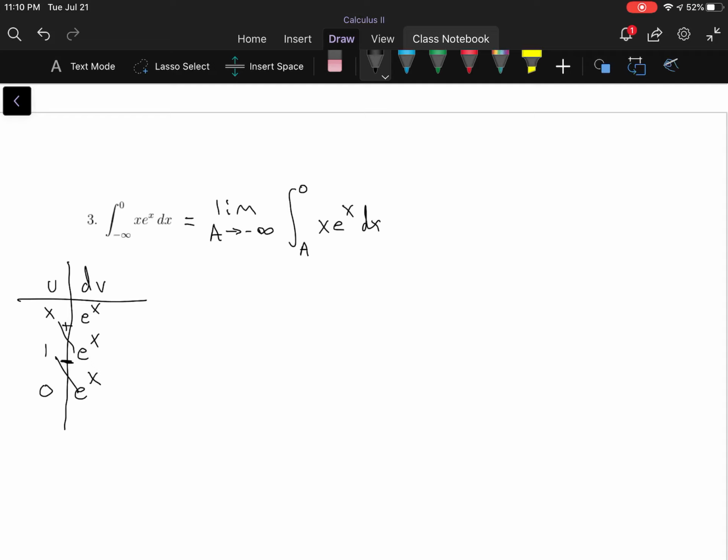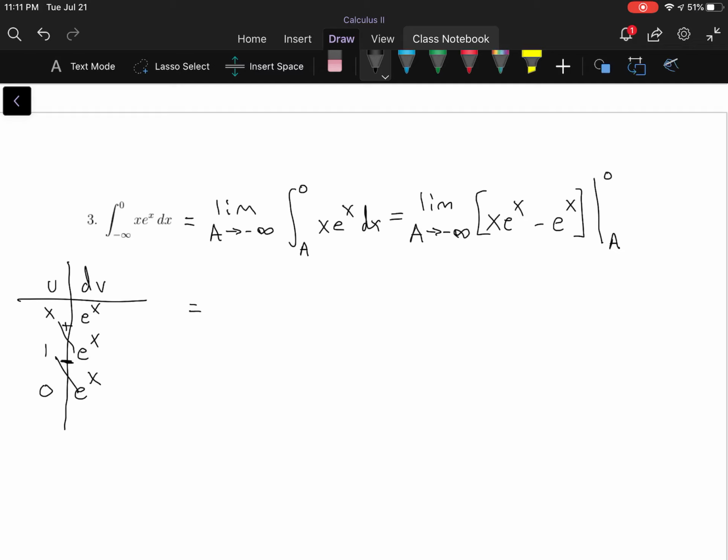So this means that this integral is the limit as a goes to negative infinity of x e to the x minus 1 times e to the x. And that is evaluated from a to 0.